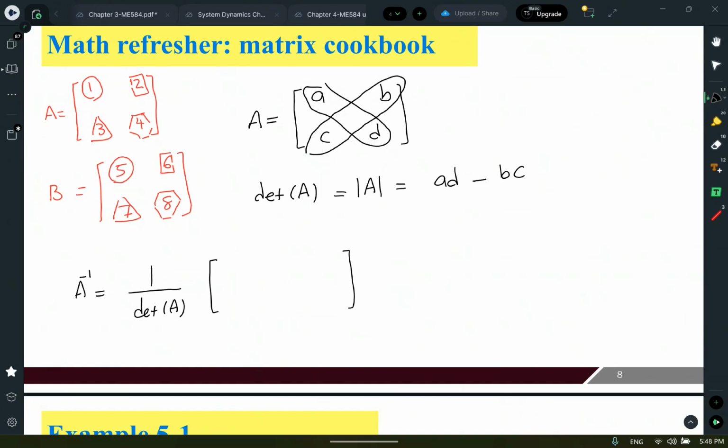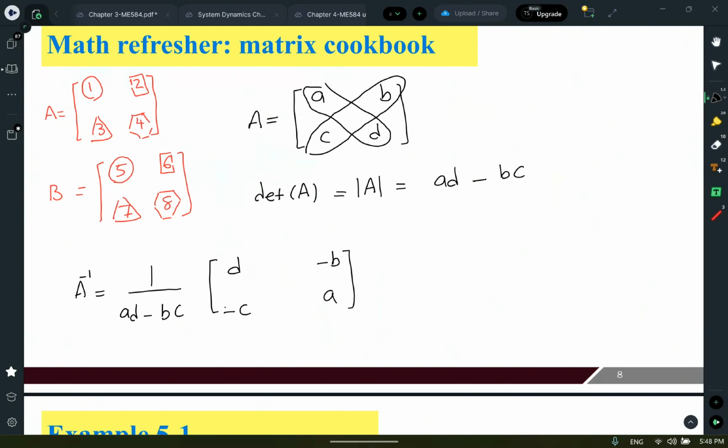For this matrix, the main diagonal, you're going to swap them, so this is going to be D, A. The other diagonal, you multiply them by -1: negative C, negative B. And you guys know that for a 2 by 2 matrix, the determinant is AD minus BC.